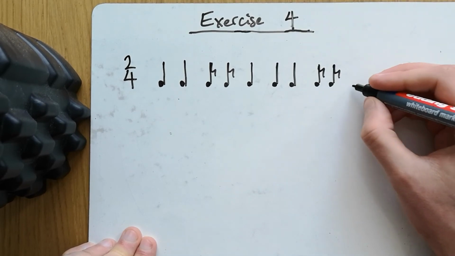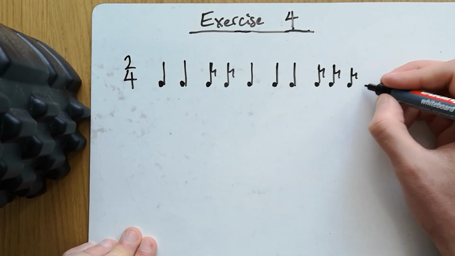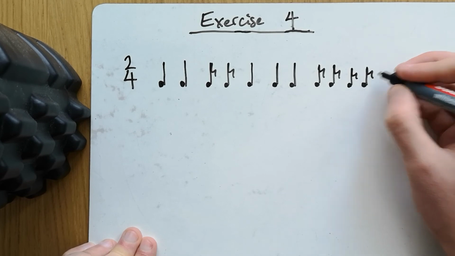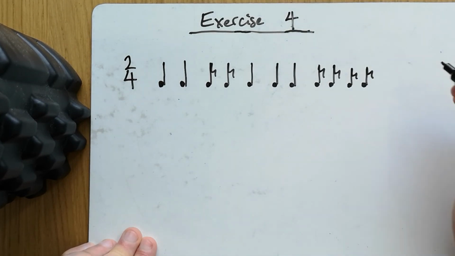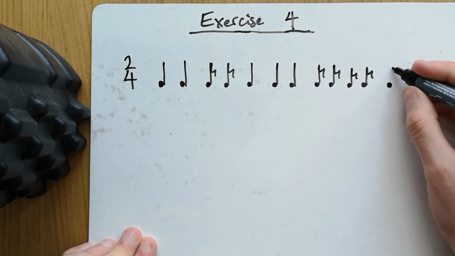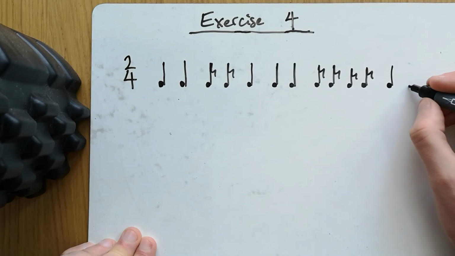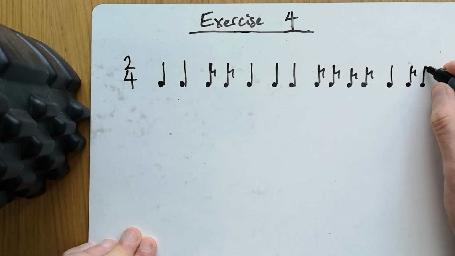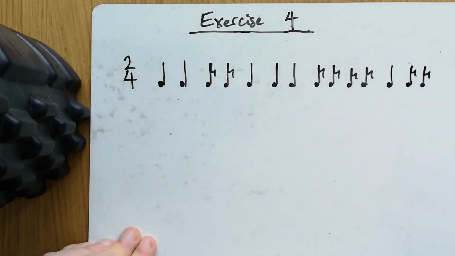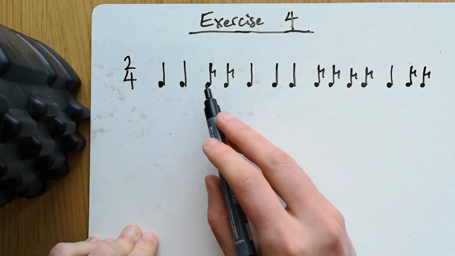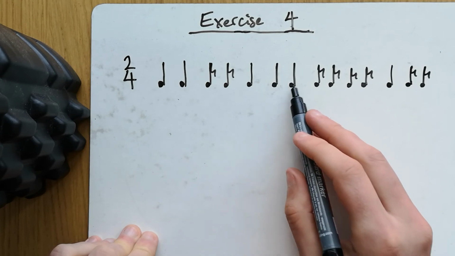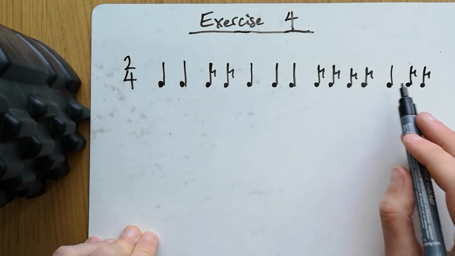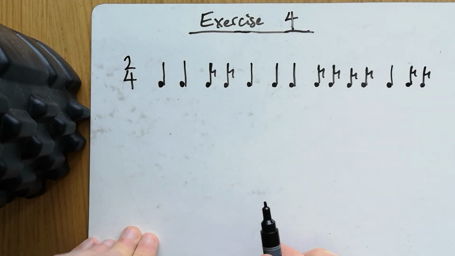Okay, so you need to copy it out like me, and I want you to put in the missing bar lines where you think they go. So, crotchet, crotchet, quaver, quaver, crotchet, crotchet, crotchet, quaver, quaver, quaver, quaver, crotchet, quaver, quaver. Add in the missing bar lines.